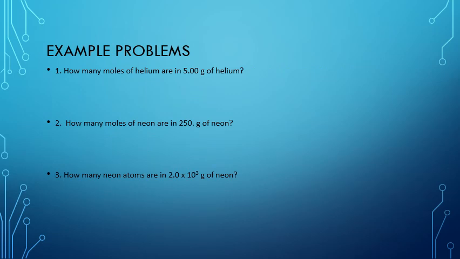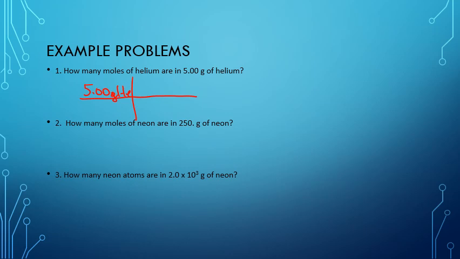So again, here I'm starting with the number of grams of helium, and I'm trying to go to moles. So if you pause it and go back and look at your mole roadmap, you should hopefully see that we have a one-step problem. So I'm going to start off by writing 5 grams of helium. And when I make my little conversion, I need my molar mass.